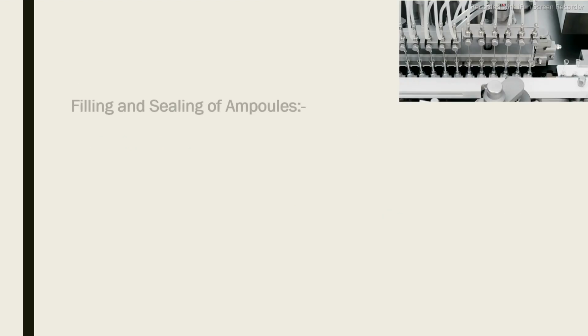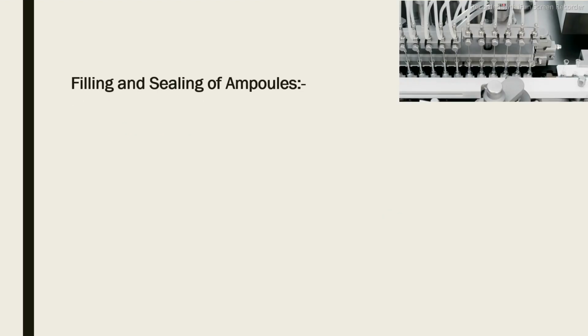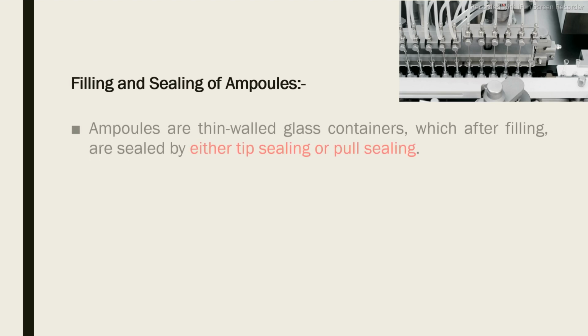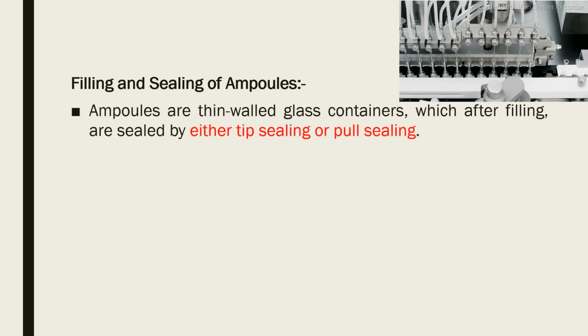Next is the filling and sealing of ampoules. Ampoules are thin-walled glass containers which, after filling, are sealed by either tip sealing or pull sealing. Last time we saw a video of ampoule filling and sealing. In this image you can see the ampoules are filled by means of small capillaries.